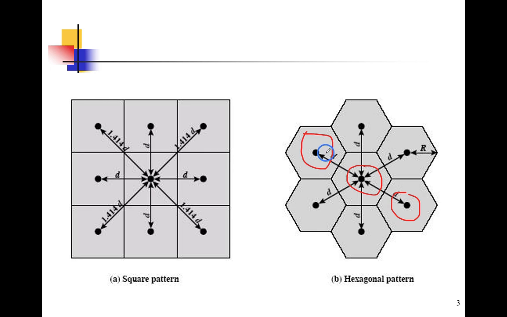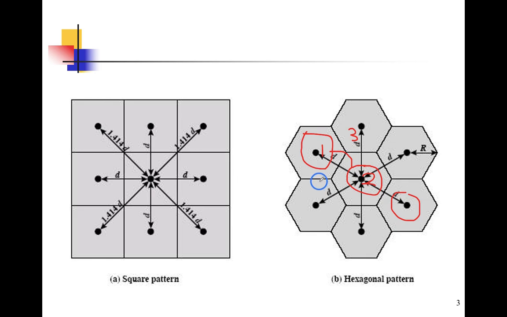If this is frequency 1 and this is frequency 2, they are adjacent. This is frequency 1 adjacent to frequency 2, because they are different frequencies, they do not interfere between themselves. Even over here, number 3.